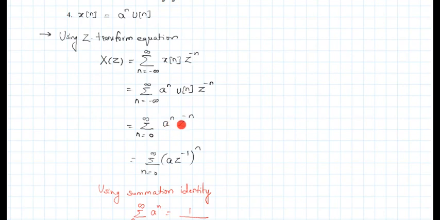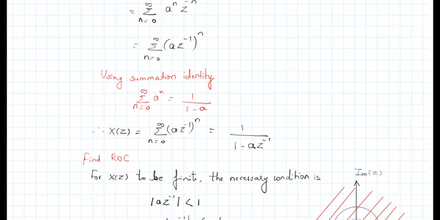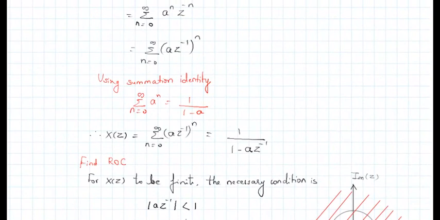Let me collectively write both the terms as they have a common power. We will write it as (a z raised to minus 1) raised to n. Now we need to simplify this summation. For this, we'll use the identity of summation. The identity that can be applied to solve this Z transform is: summation n goes from 0 to infinity, a raised to n, is 1 upon 1 minus a.